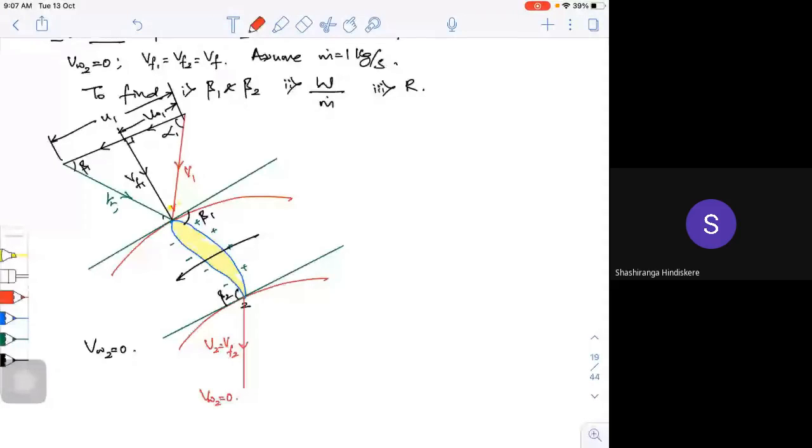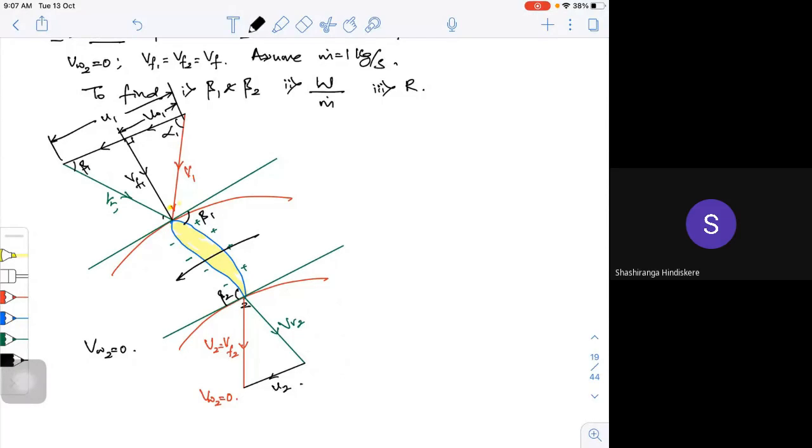Then I have my relative component, which is going out in this direction. This is my VR2. Then I have the blade velocity component, U2.